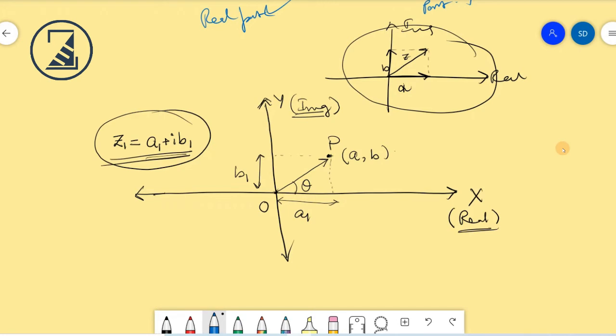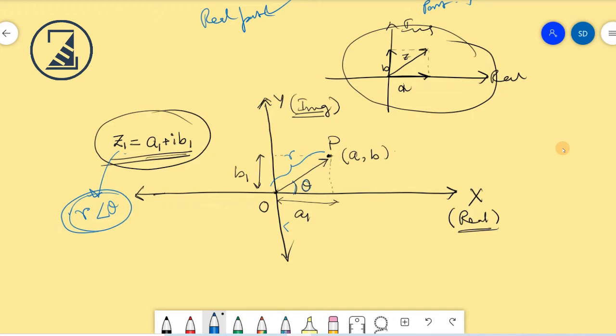Let's say the length of this is r. Then we can represent this complex number with a length and with an angle. So we can also represent a complex number with lengths and angles.